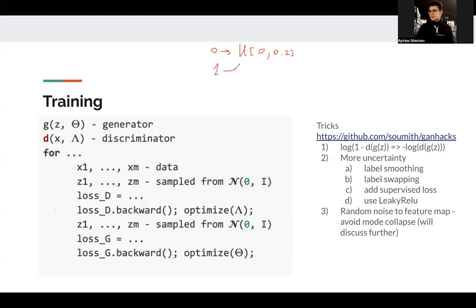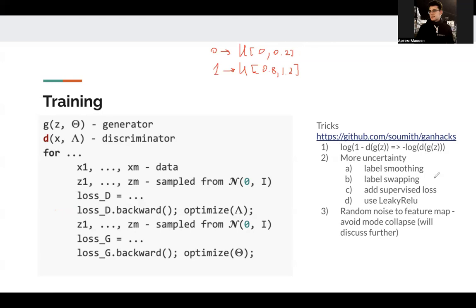So we tell the model that we are not very certain about these labels, and it would be okay if it gives other answers. And the model would work better.